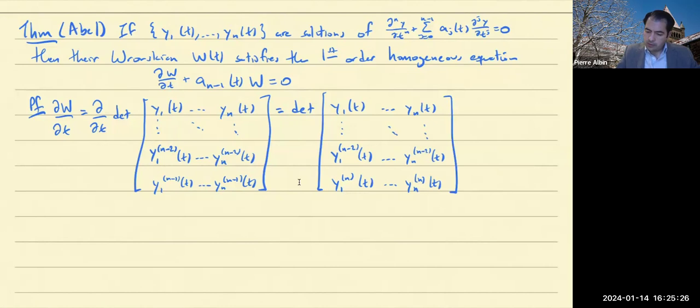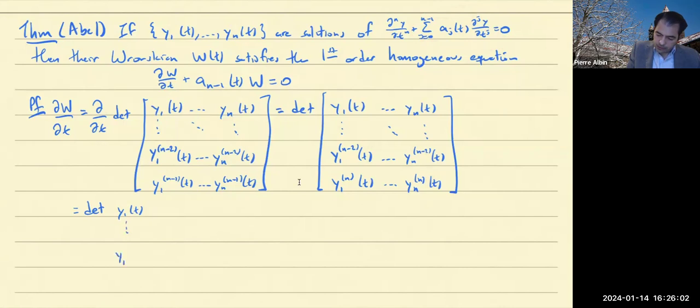Okay, but now let's stare at this last row, right? This first element, say, y1 is a solution of this equation. So if you take its nth derivative, what you're computing is exactly this term for y1. So you can replace it with this. You just move this to the right-hand side, right? So this is the same as the determinant of, right? Nothing happens to the first row.